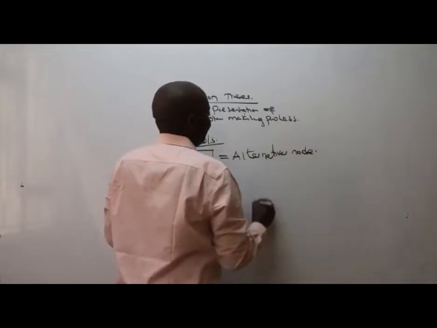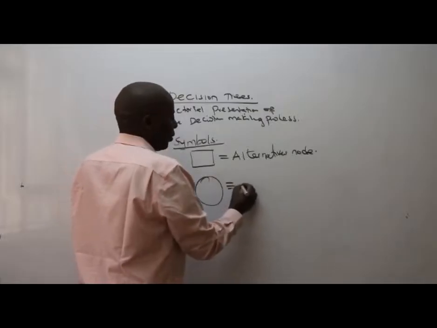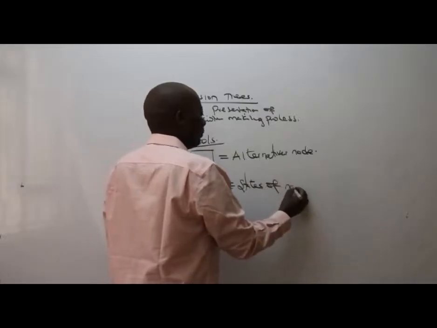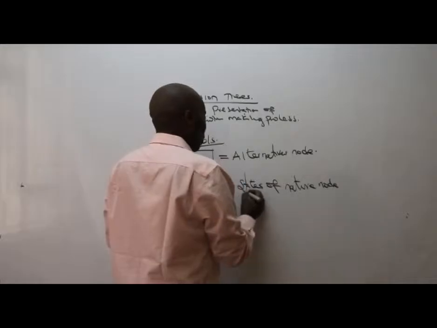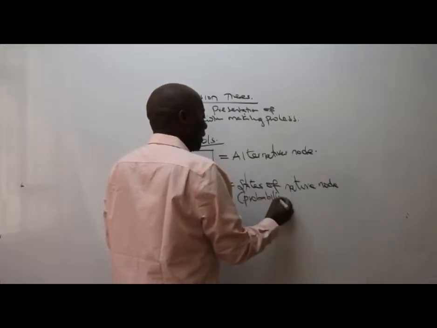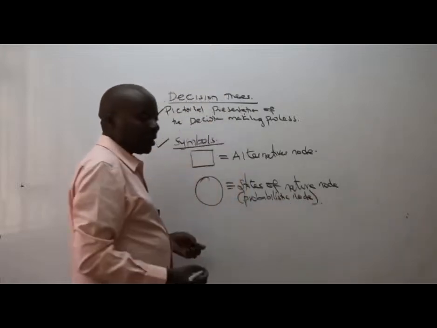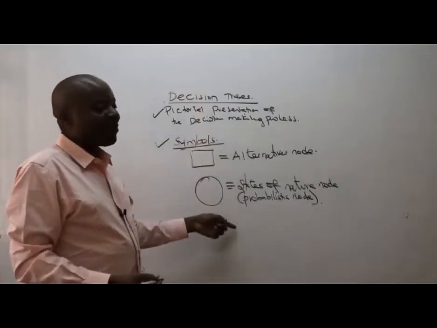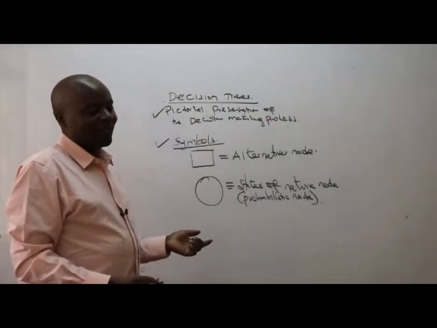Number 2, we have the circle, which is a states of nature node, also known as the probabilistic node. Meaning that for us to draw a decision tree, we need probabilities. Without probabilities, you can never draw a tree.